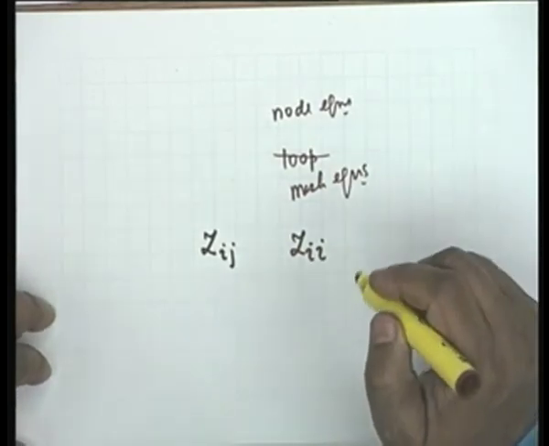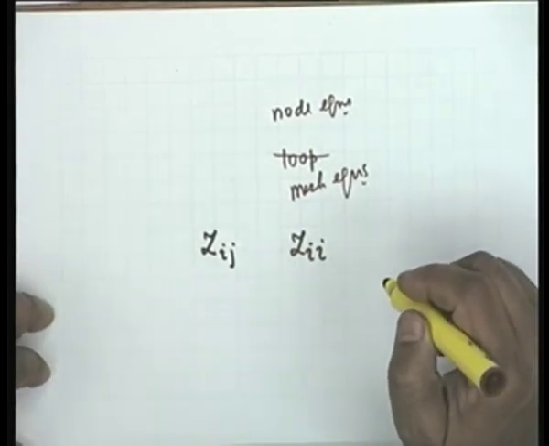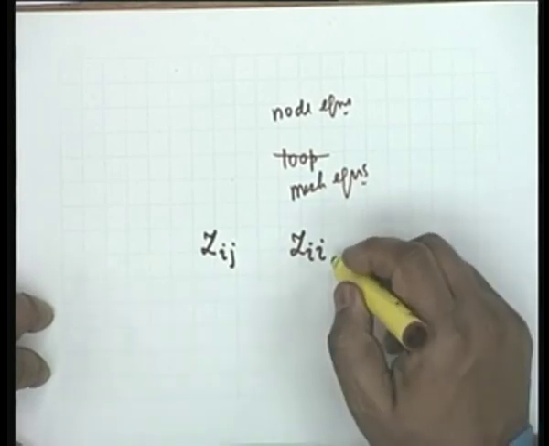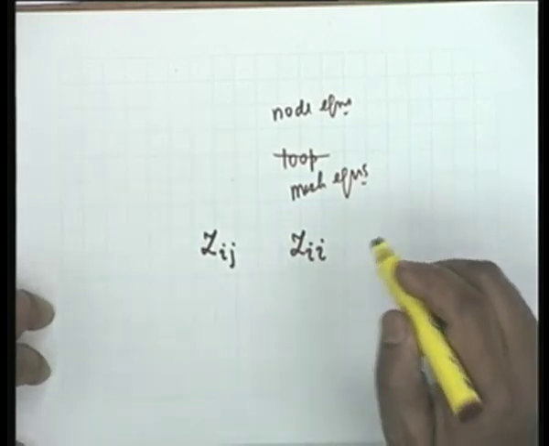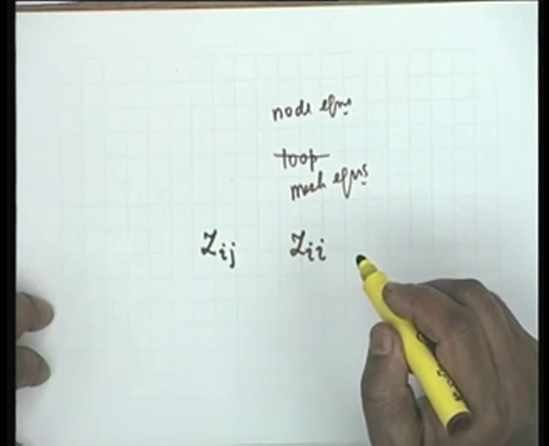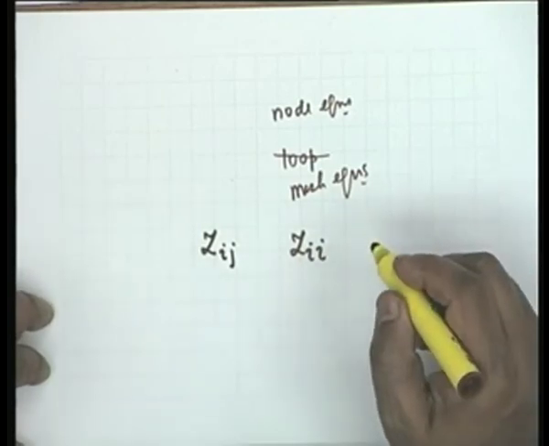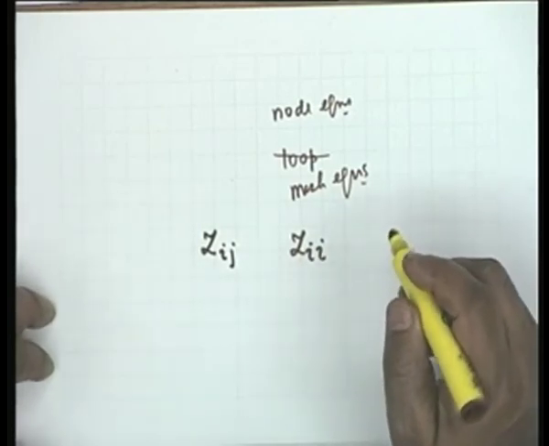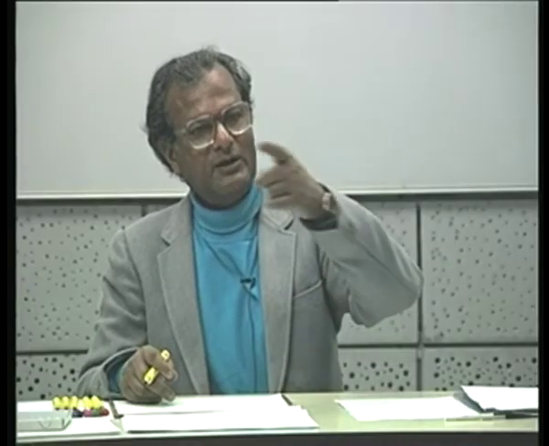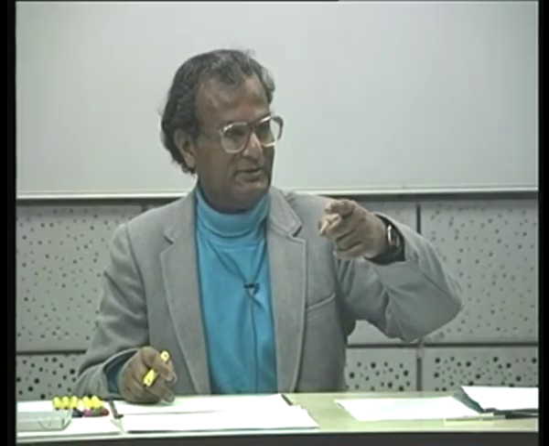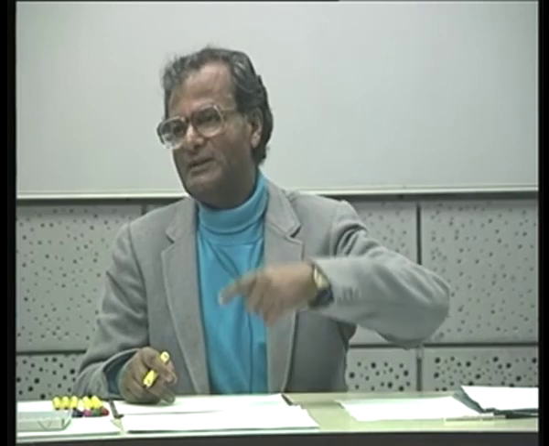And let me introduce these definitions. In mesh equations, Zii is the self impedance of loop I, and by self impedance we simply mean you go round the mesh and just go on adding the impedances.